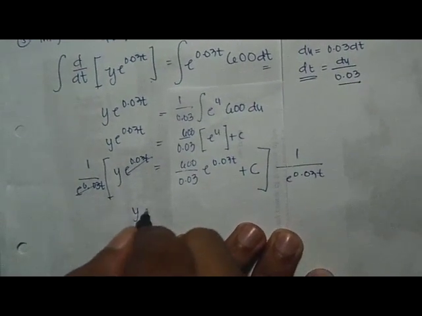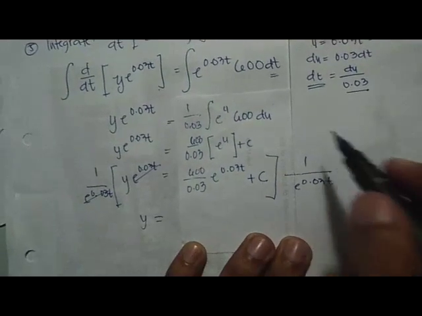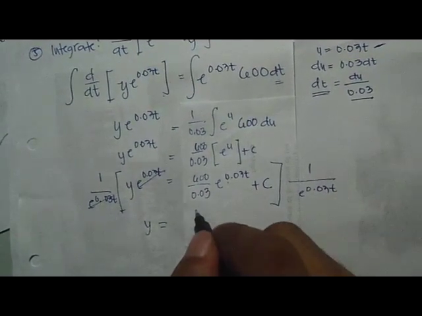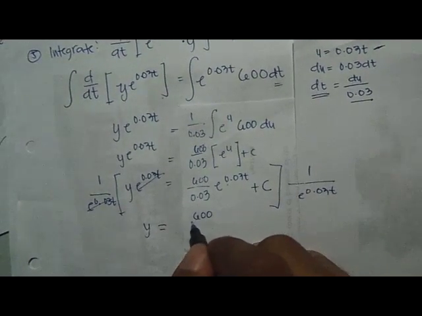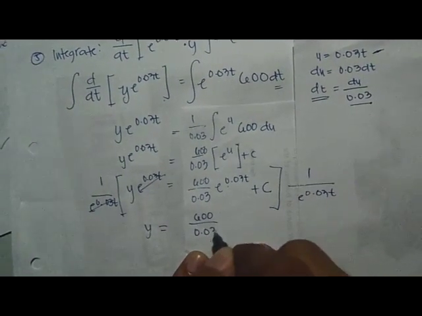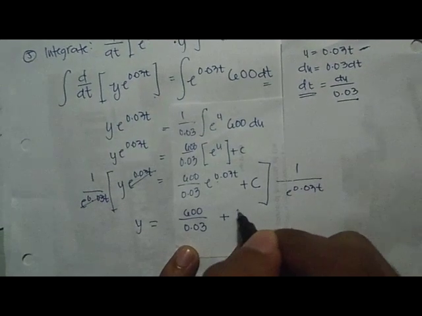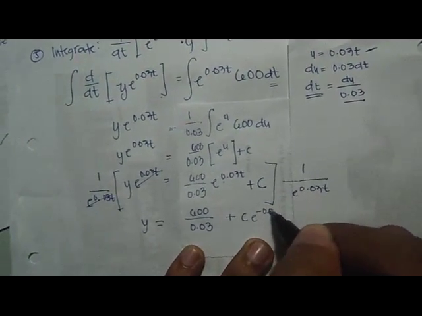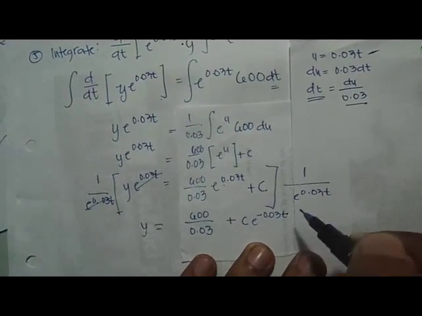So we have y is equal to, it cancels in this part, 600 all over 0.03 plus c times e to the negative 0.03t.